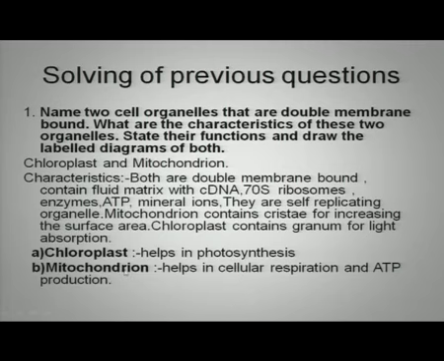Similarly, mitochondrion, you have already learned, helps in cellular respiration, ATP production, storage and distribution. Again, they can also synthesize some of the proteins, they are also hereditary in function.